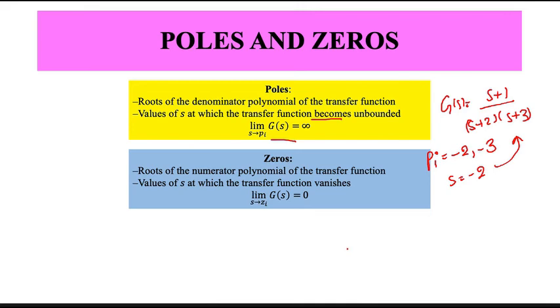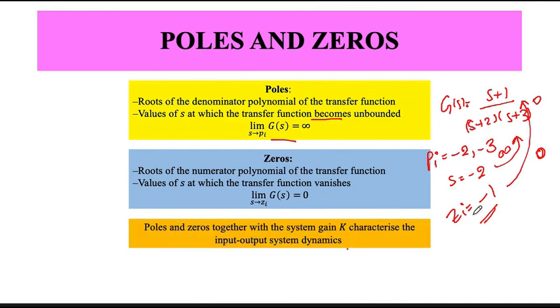What happens when I evaluate the transfer function at a zero? It will always be 0, just substitute. In this case my zero is minus 1. If I substitute minus 1 here, the value of the transfer function becomes 0. Here it becomes infinity, here it becomes 0. So these poles and zeros, together with the system gain K, characterize the entire input-output response of the system.